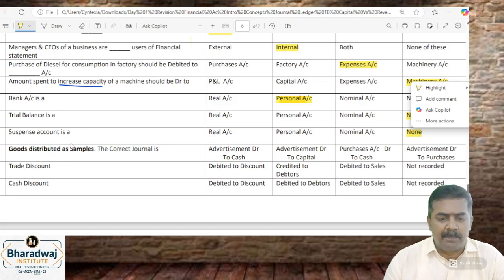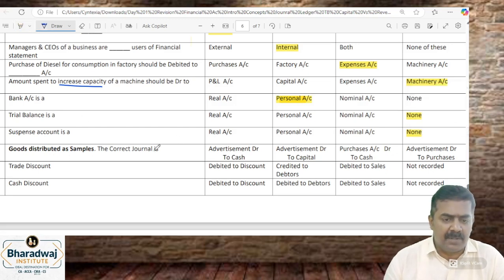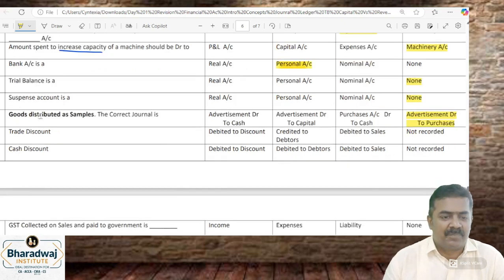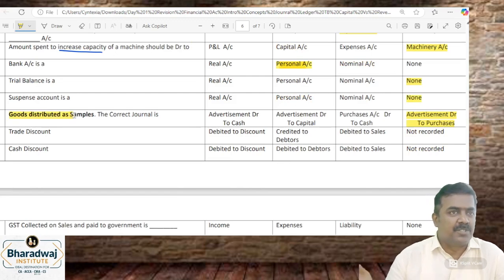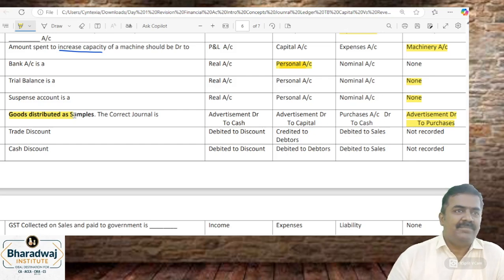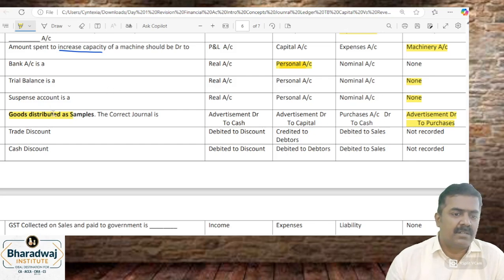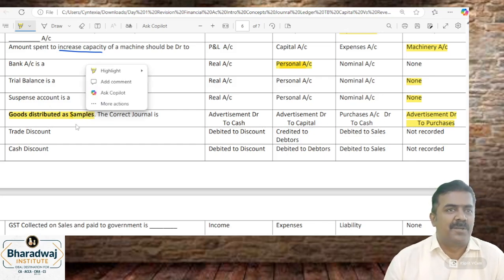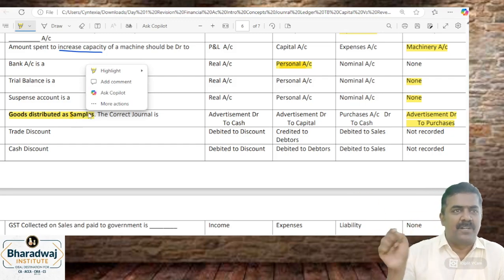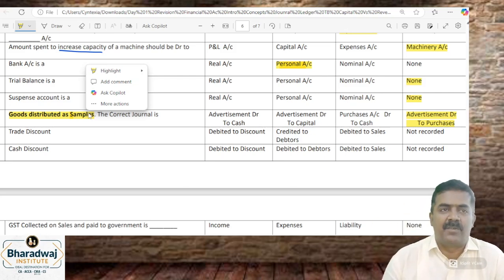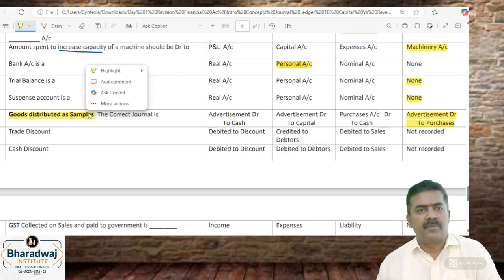Goods distributed as sample. What is the correct journal entry? Goods have been given. Advertisement to purchases account. When you purchased the goods, what entry would you already have passed? Purchase to cash. We don't maintain a separate ledger for goods. When goods are purchased, we pass purchase to cash. When those goods are used for advertisement purposes, what will you do?